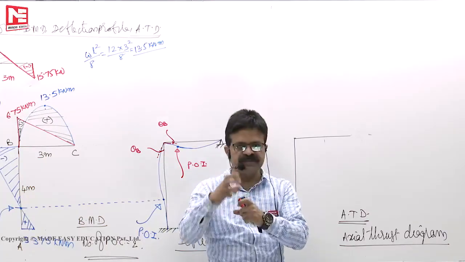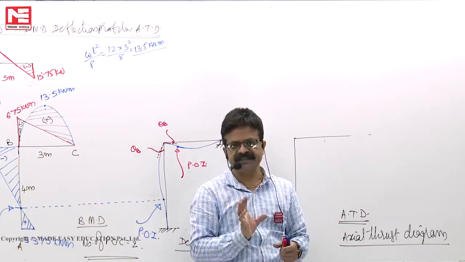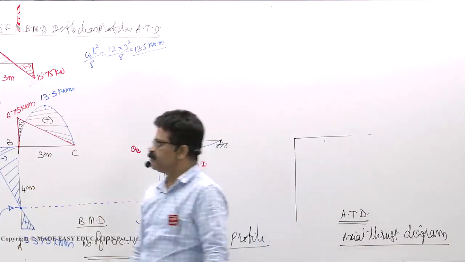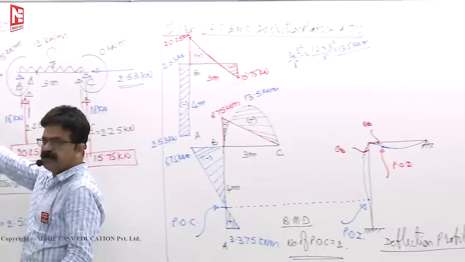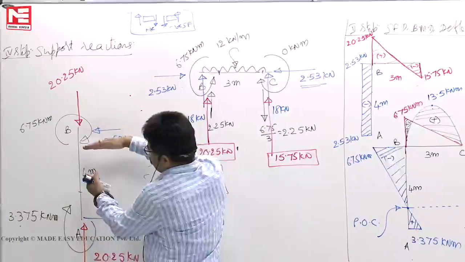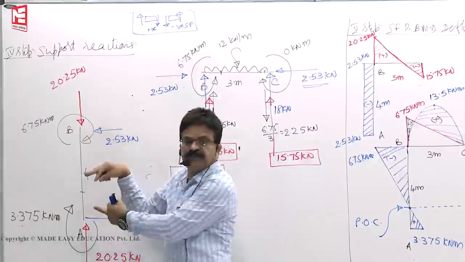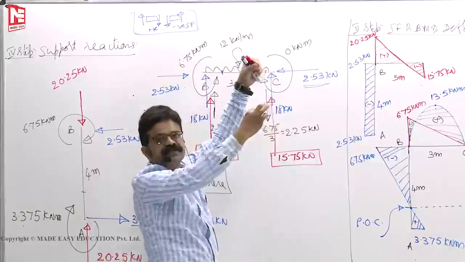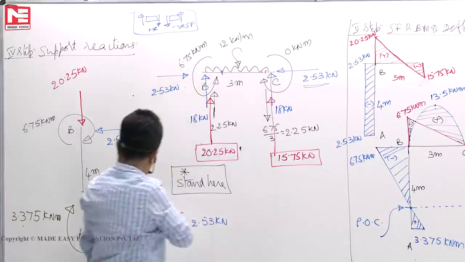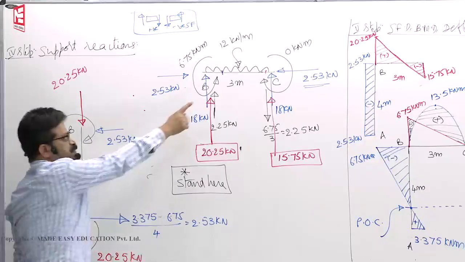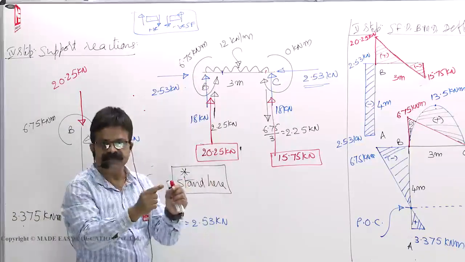What are the axial forces in that member at different locations? Those axial forces you show as a graph. Now, coming to member AB, what is the axial force? AB member is subjected to an axial force of 20.25 compression. BC member is subjected to an axial force of 2.53. On this member 2.53 is the shear force. The same shear force will act as an axial force.